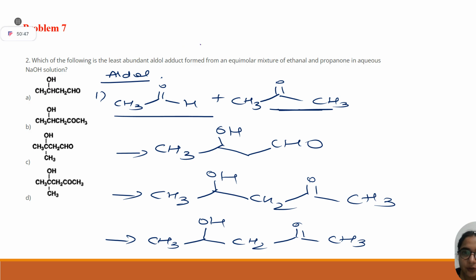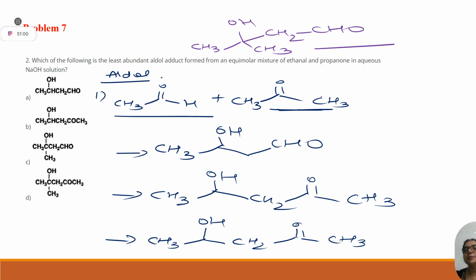So you have told me that the ketone will behave as your electrophile, and your nucleophile will be the aldehyde. Understood. So this will obviously be least abundant. Why? Because aldehydes are more electrophilic than your ketones. So obviously the aldehyde will behave as the electrophile in majority of cases.